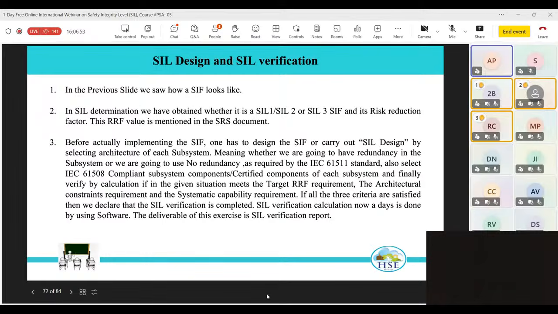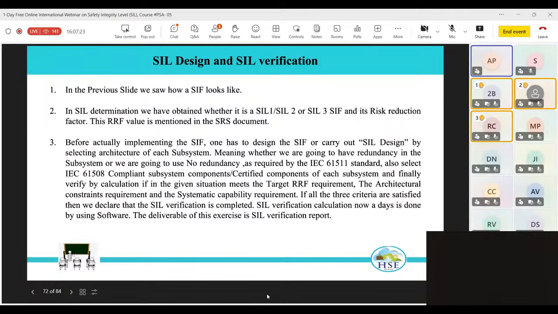That is, whether the selected sensor, logic solver, and final element are SC2 capable or not. That has to be ensured. The integrator has to be certified, with functional safety management certification, and the system integrator doing the integration work has to be FSM compliant and certified.